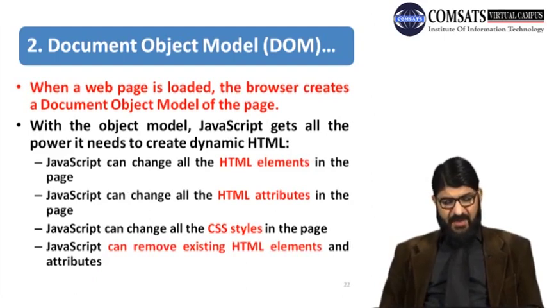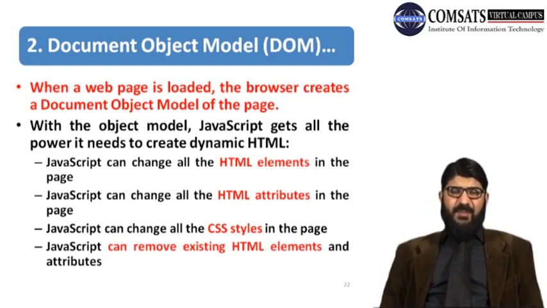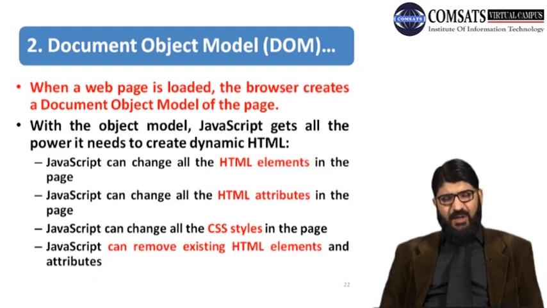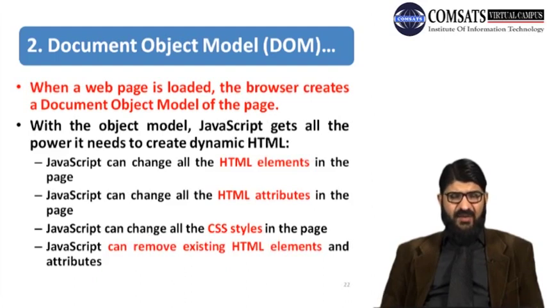And the JavaScript can change all the CSS style in the HTML page as well. And the JavaScript can also remove the existing HTML elements and attributes as well. So using the DOM model, the JavaScript can change HTML elements, HTML attributes, CSS styles, and can remove HTML elements and HTML attributes.